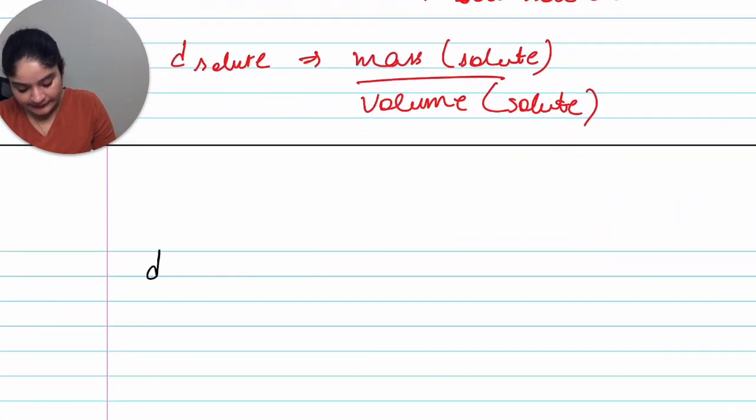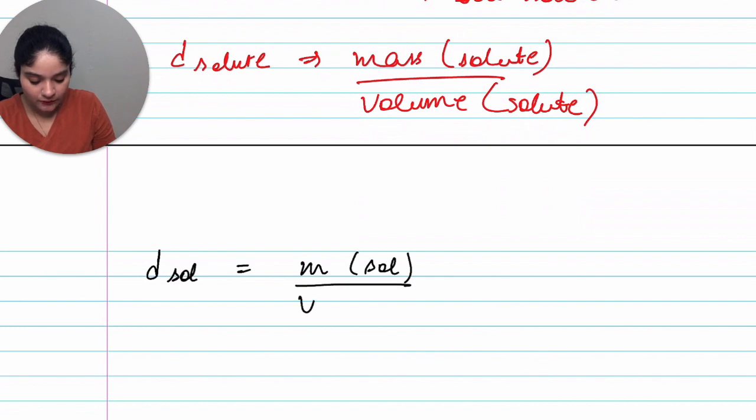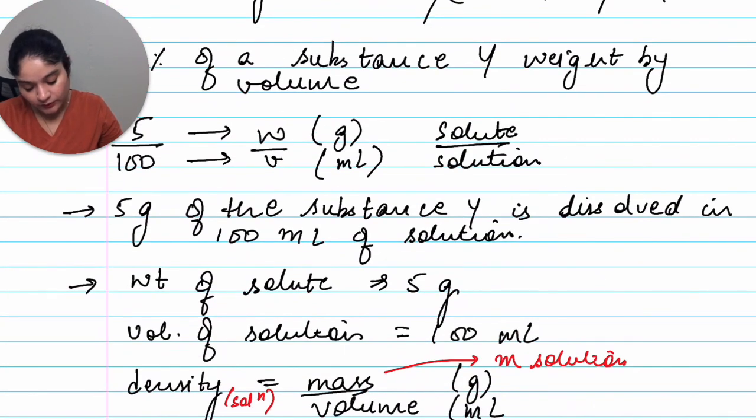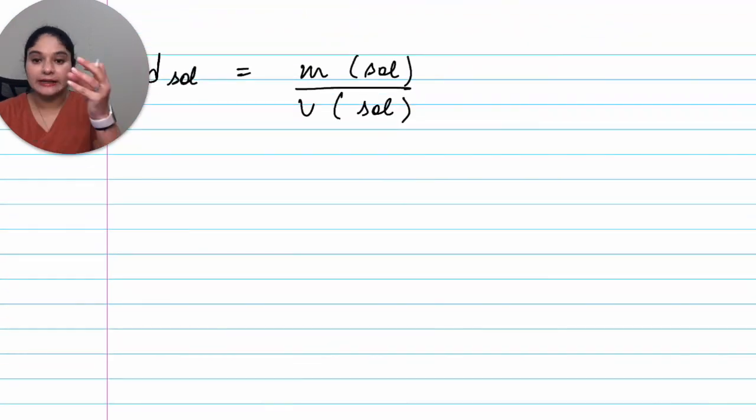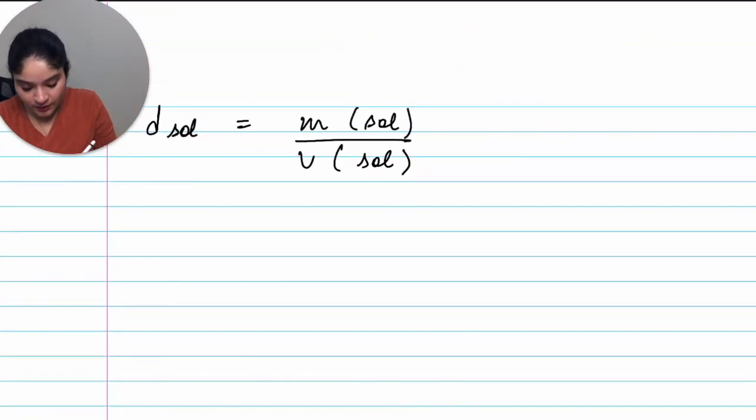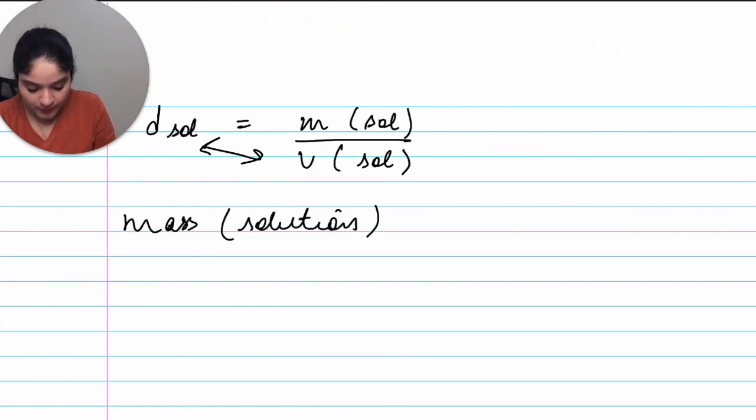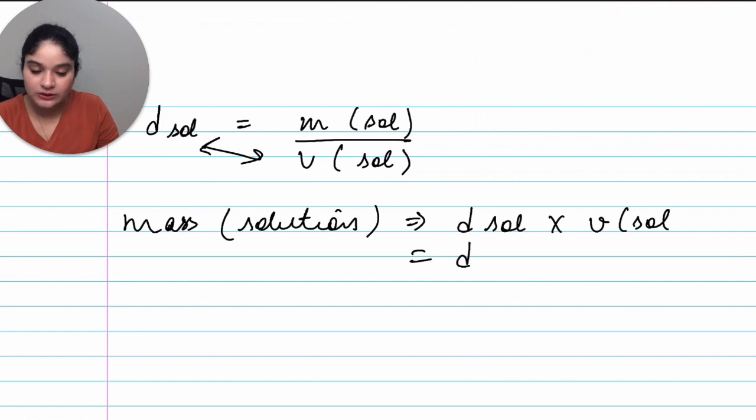Density of solution equals mass of solution divided by volume of solution. Let's say the density of the solution is given as D only. So what will be the mass of the solution? Mass of the solution will be density of the solution times volume of the solution. Density is D and the volume of the solution was 100 milliliters.